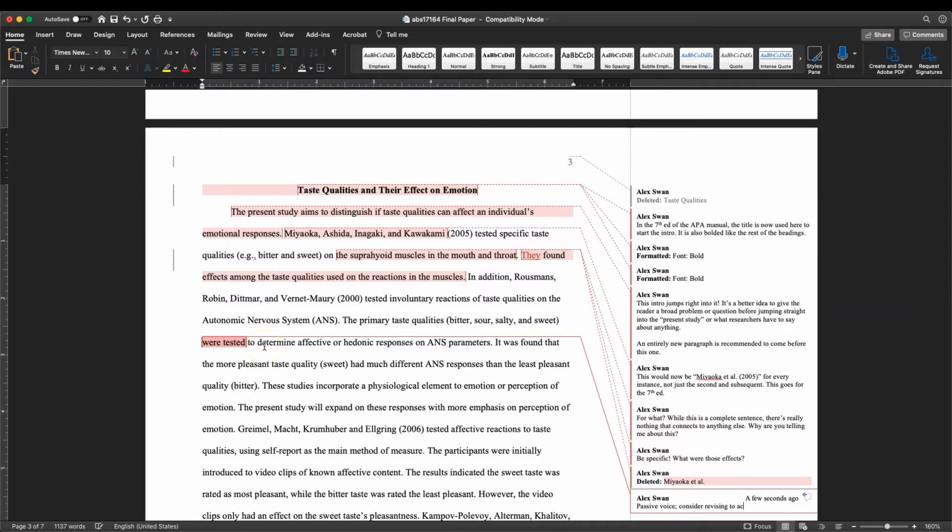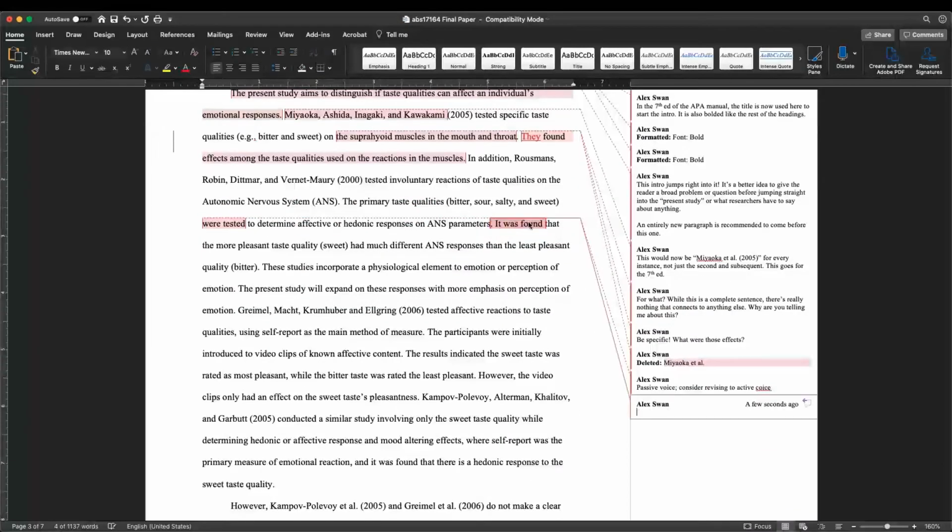The other thing that I note here in the writing is that I think it's a good idea to use active voice wherever possible. Active voice is a very good idea because passive voice is boring. And it gets quite repetitive because passive voice relies on the verb to be.